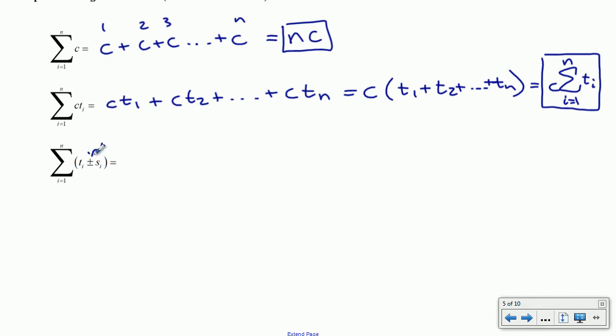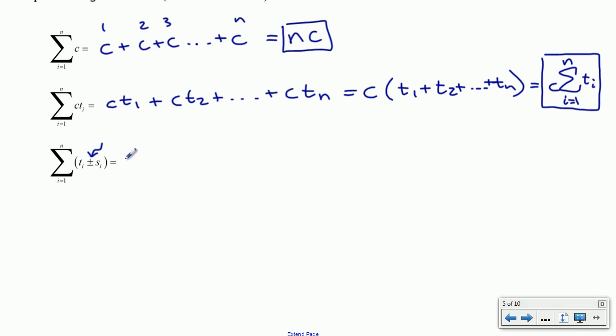Next, the sum of t_i plus or minus s_i from 1 to n. This plus or minus is just telling us it could either be a plus or a minus, so really we could do this for two different expressions, t_i plus s_i and t_i minus s_i. So rather than do that for two separate expressions, we're just going to do it a little more compactly with this notation.